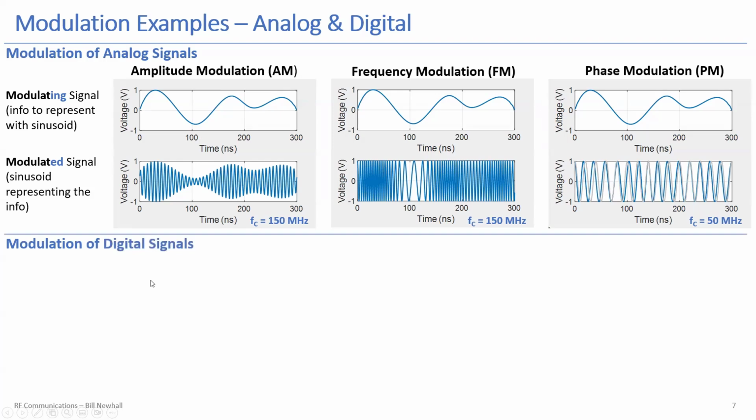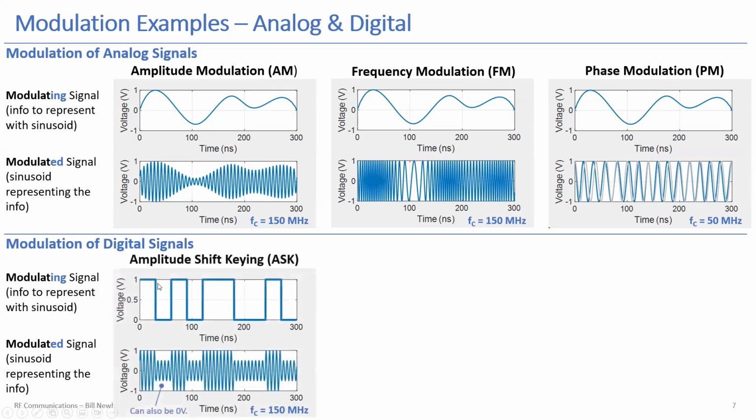Let's take a look at modulation of digital signals in the same way. So here's the modulating signal and the modulated signal for amplitude shift keying. Here you can see that you have highs and lows, this binary signal, and I have a representation of the modulated signal.